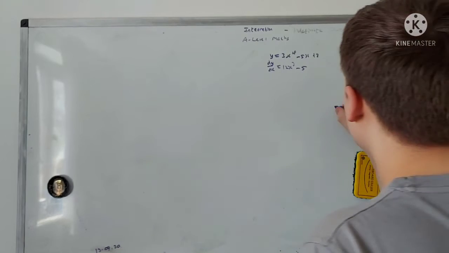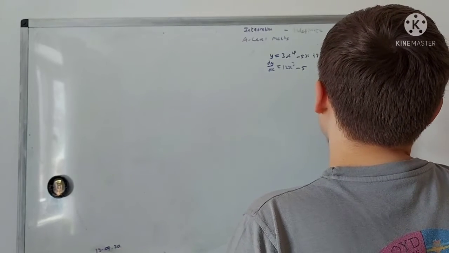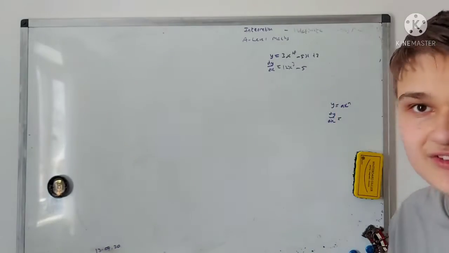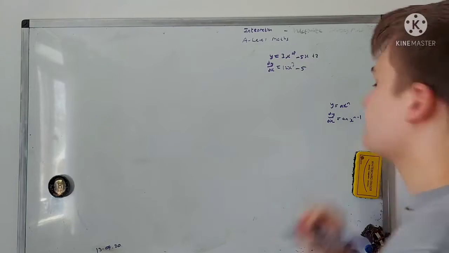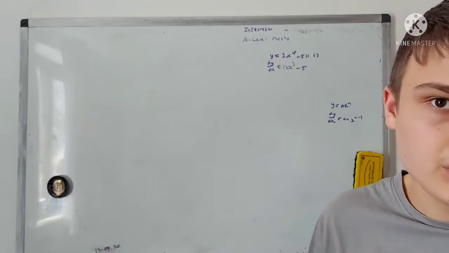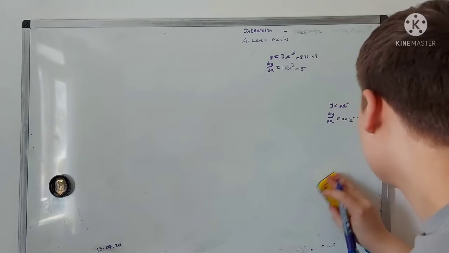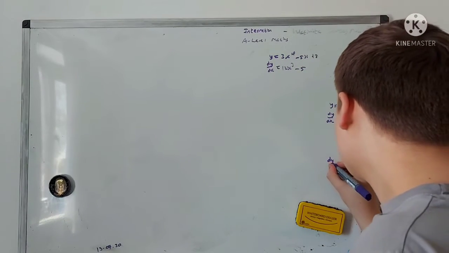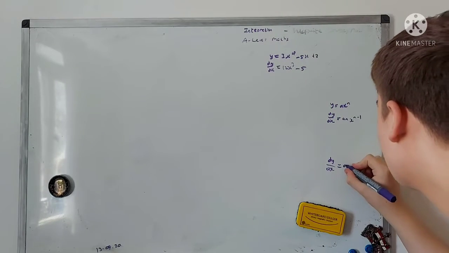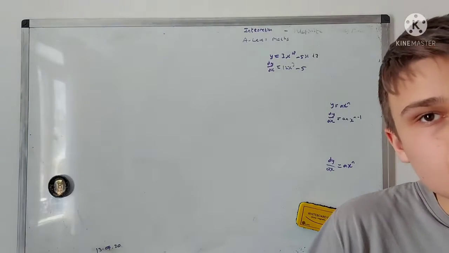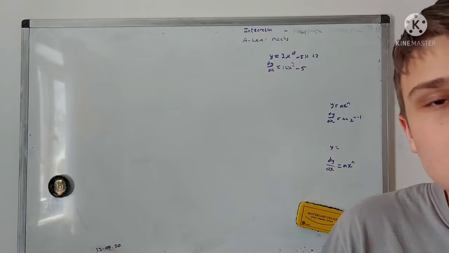So in general, if y equals ax to the n, then its derivative, dy by dx, is a multiplied by n, multiplied by x to the n minus 1. That's simple. You don't need to do anything else with that. However, if I had a derivative on its own, ax to the power of n, and I wanted to get back to y, I'd have to reverse this process.